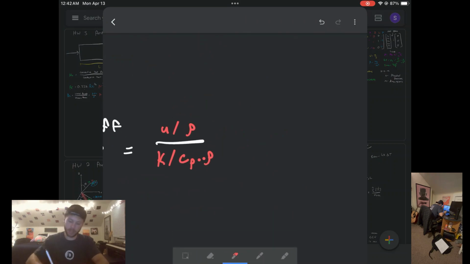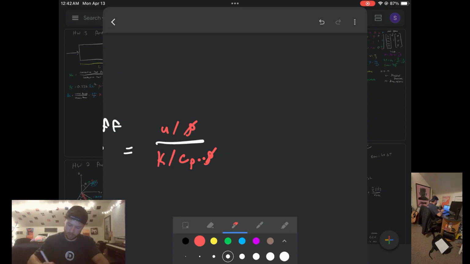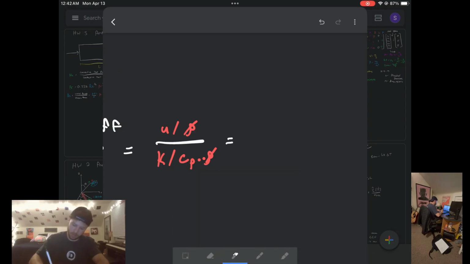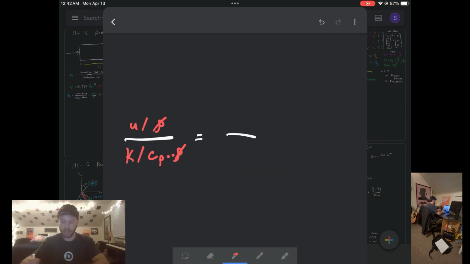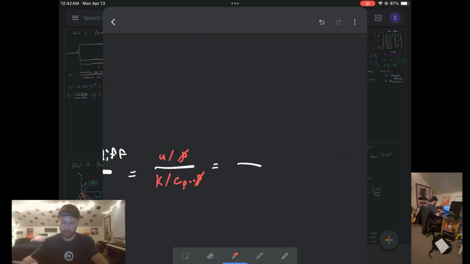So our densities will cancel here, and we'll be left with the Prandtl number in physical properties of viscosity times heat capacity divided by thermal conductivity.